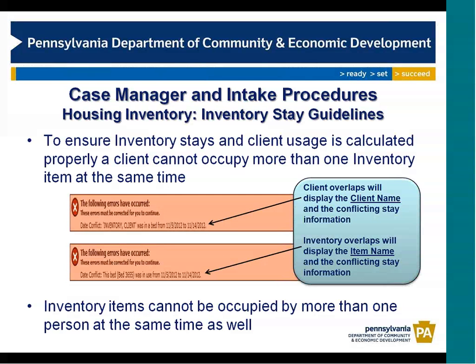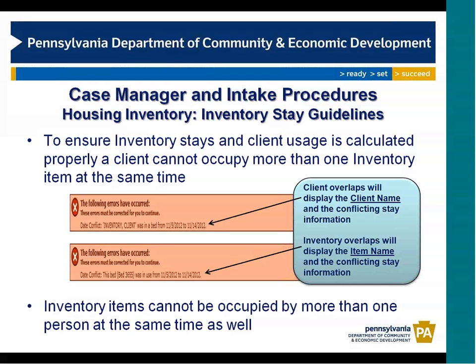Just like with program stays, inventory stays are all based on dates, when they checked in and when they checked out. So during that client's check-in time, they can't be in more than one bed, unit, or voucher at one time. If you try to check a client into another bed, it'll catch you and flash a message up on the screen.